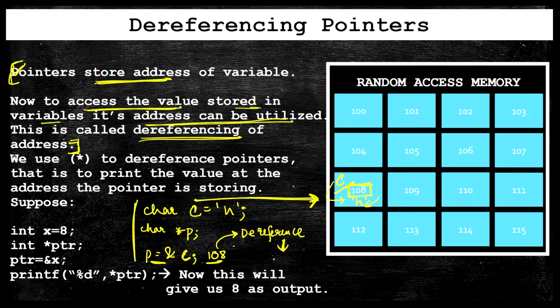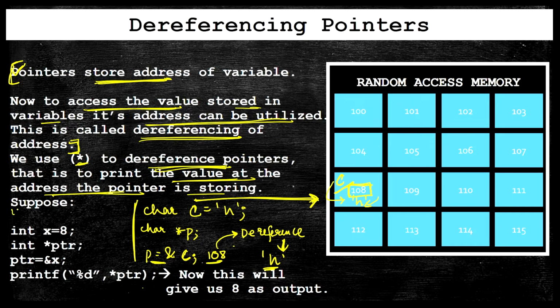We will get 'H'. This is the output or the value which is stored in that address. Okay. So how do we dereference pointers? We use the star operator again to dereference pointers, that is, to print the value at the address the pointer is storing.